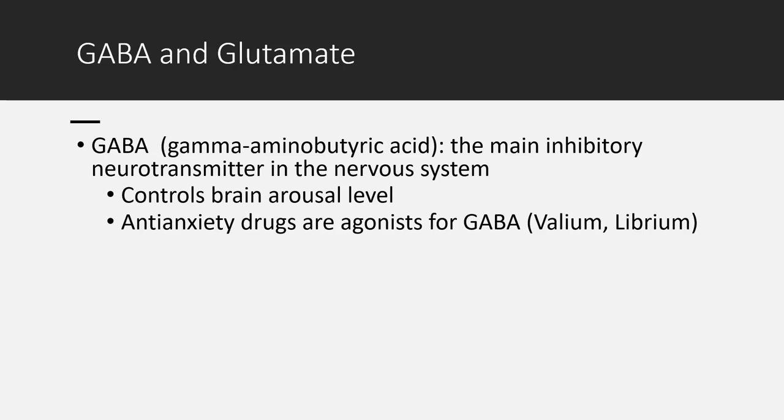They're also involved in responsiveness to the external world. In terms of drug development, many anti-anxiety drugs are agonists for GABA. Included here are drugs like Valium and Librium, which really do change the level of that neurotransmitter, bringing back down the anxiety level.